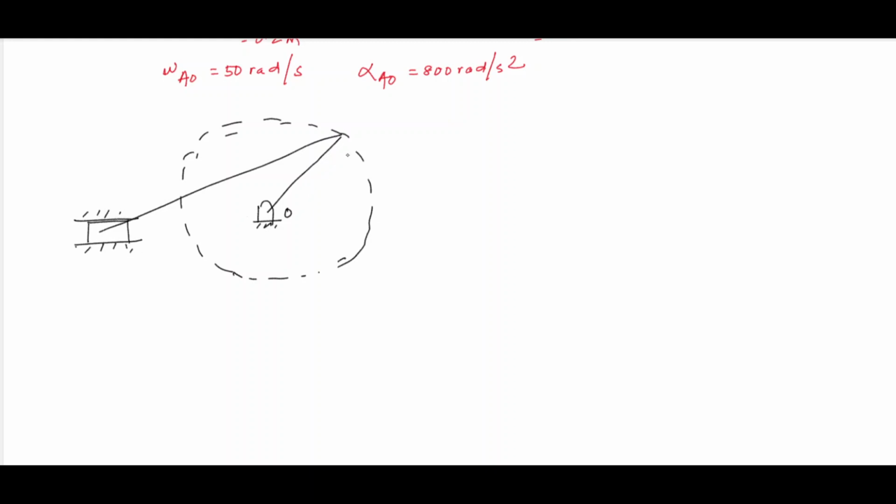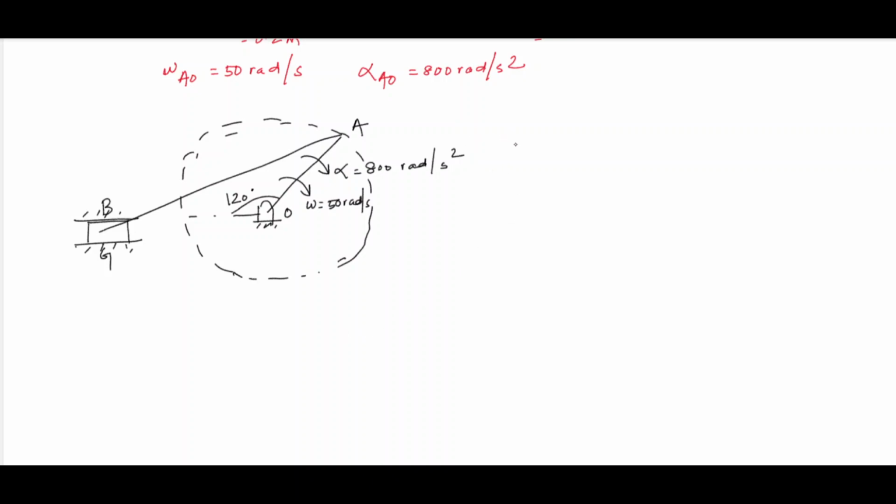Let's say this point is O, this is point A, slider is B, and the guided portion we are calling G. So both O and G are the same link. The configuration is this angle given as 120 degree, omega is 50 radian per second, angular acceleration alpha 800 radian per second square. Now audio is clear to all of you.